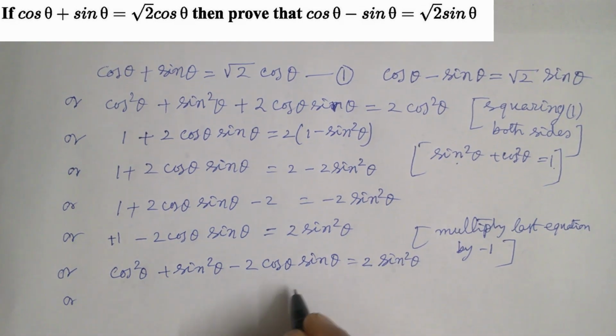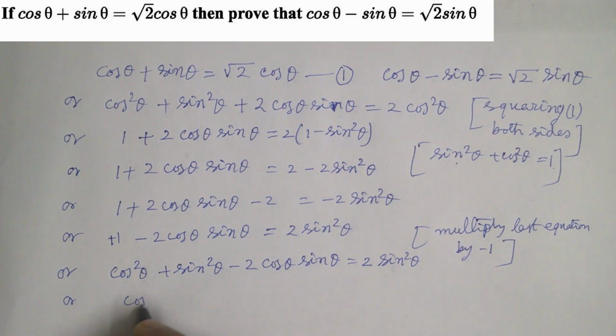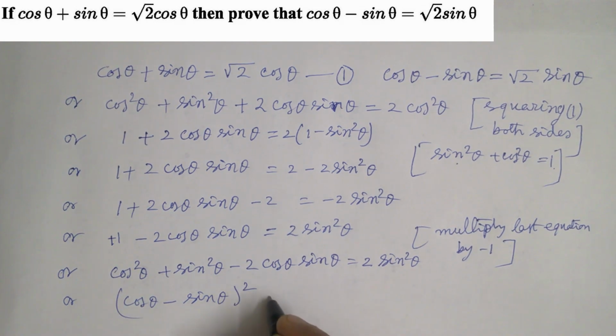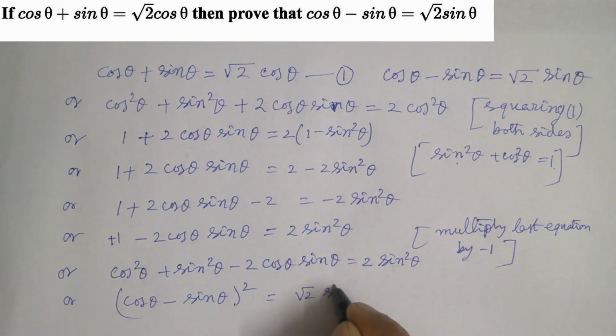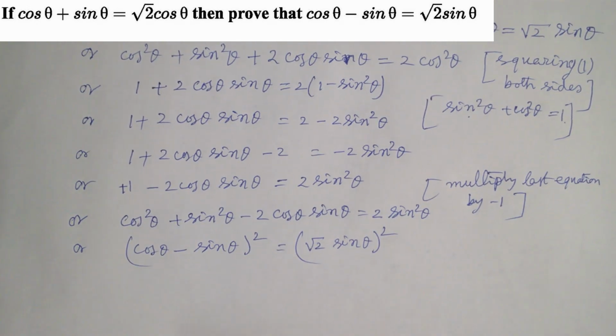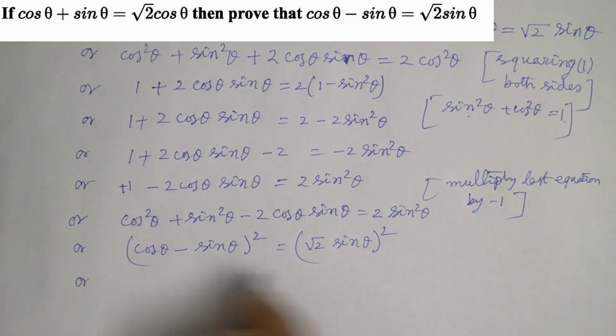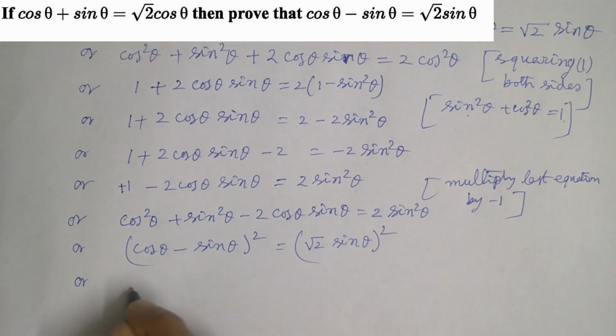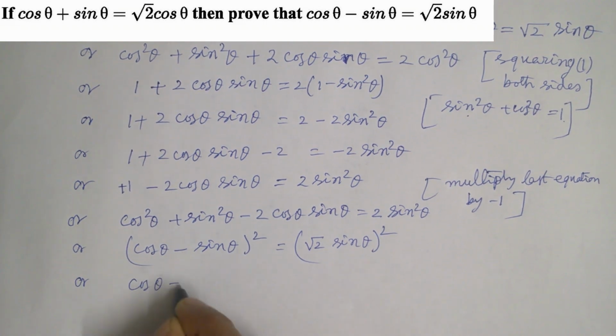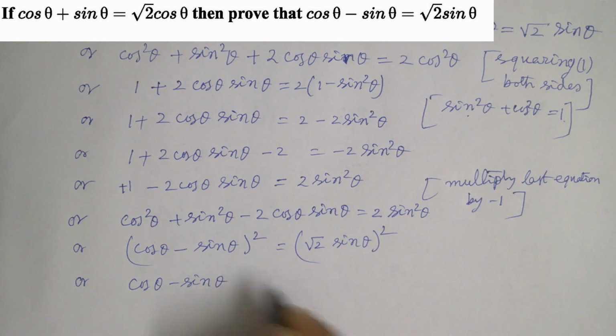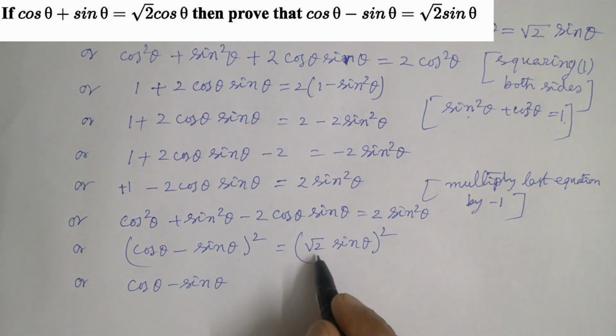So the left hand side can be reduced: cos theta minus sin theta whole square is equal to root 2 sin theta whole square. Now taking square root on both sides, this will be cos theta minus sin theta, and we consider the positive sign.